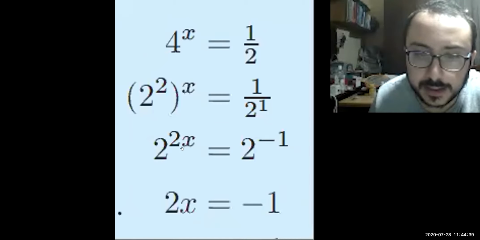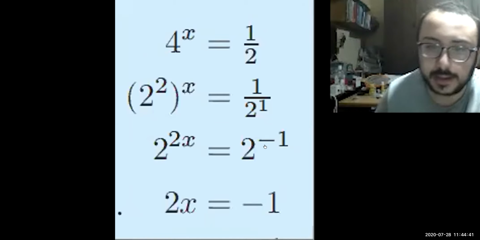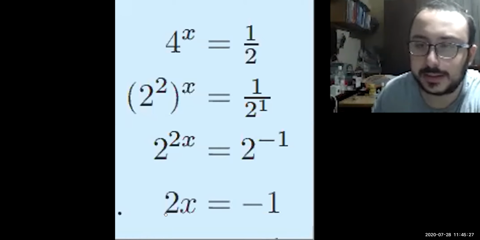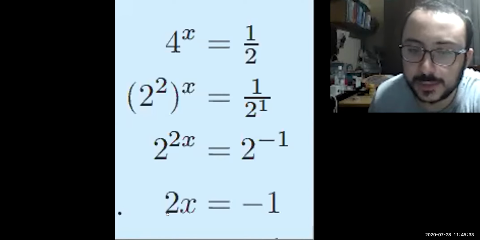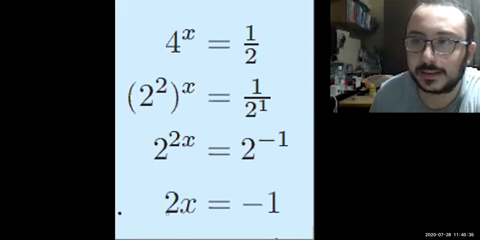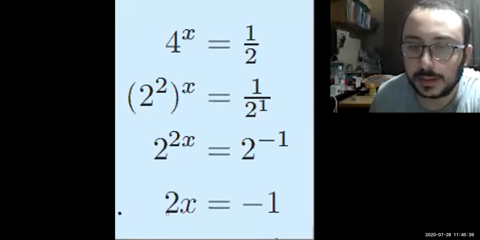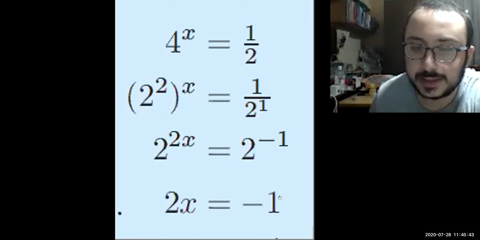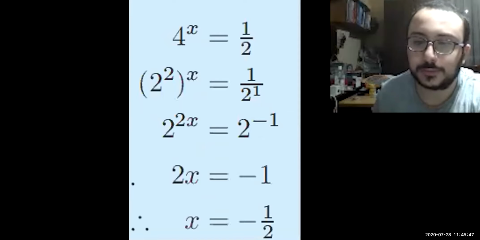The powers are equal. We divide both sides by 2, because we want x. 2x divided by 2 is x, and minus 1 divided by 2 is minus 1 over 2.